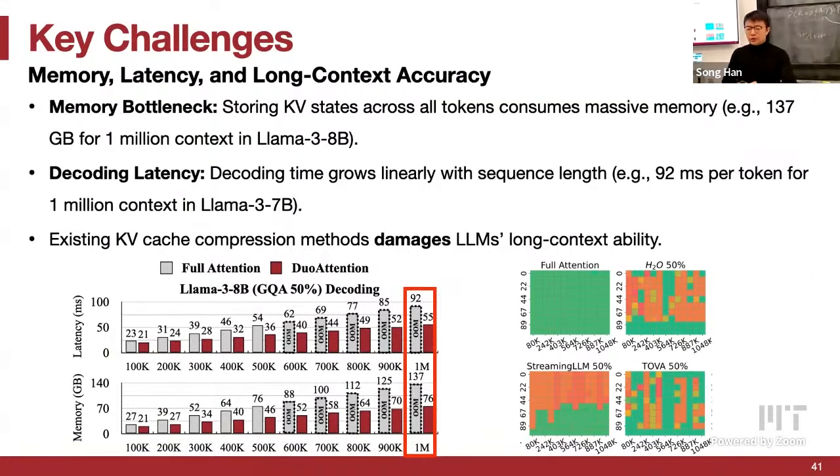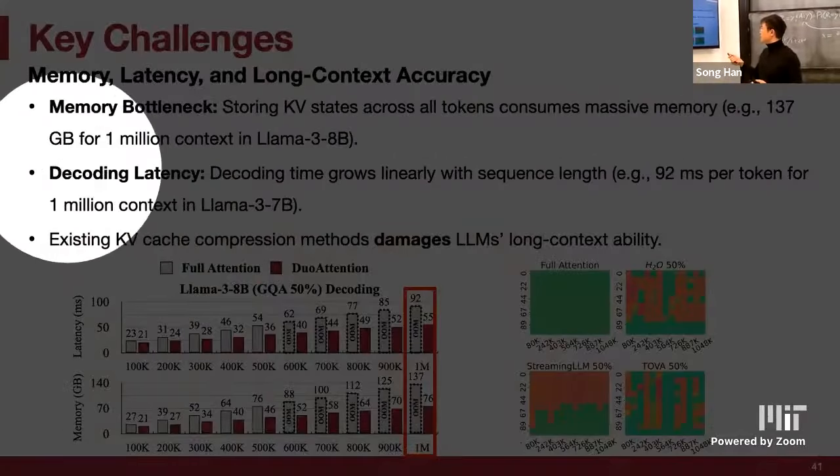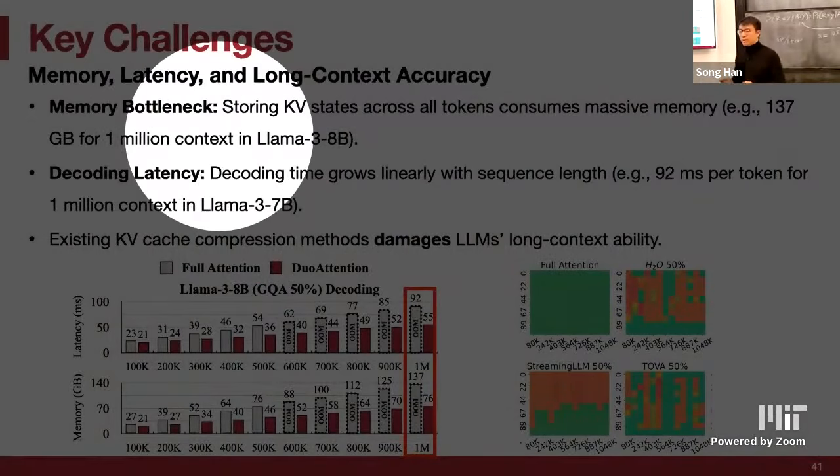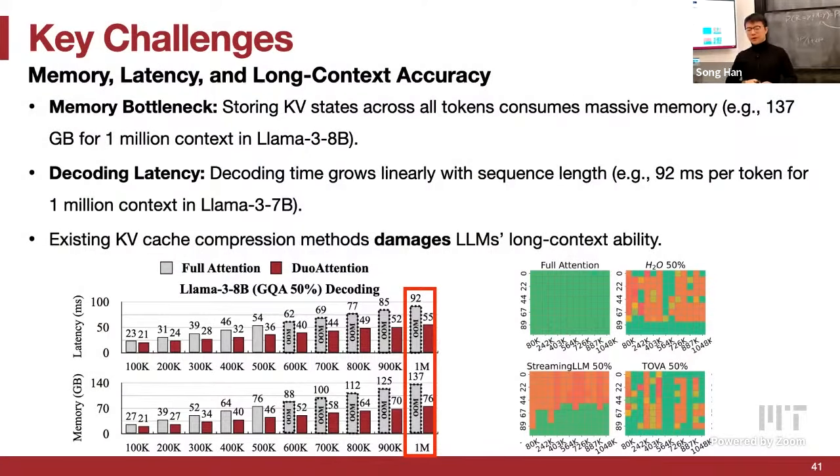So the challenges we are trying to solve are the memory bottleneck and the decoding latency, right? Storing all the KV states across all the heads will consume a massive amount of memory, like 137 gigabytes for 1 million context in Llama 3 8B. The other is the decoding latency, which grows linearly with the sequence length.